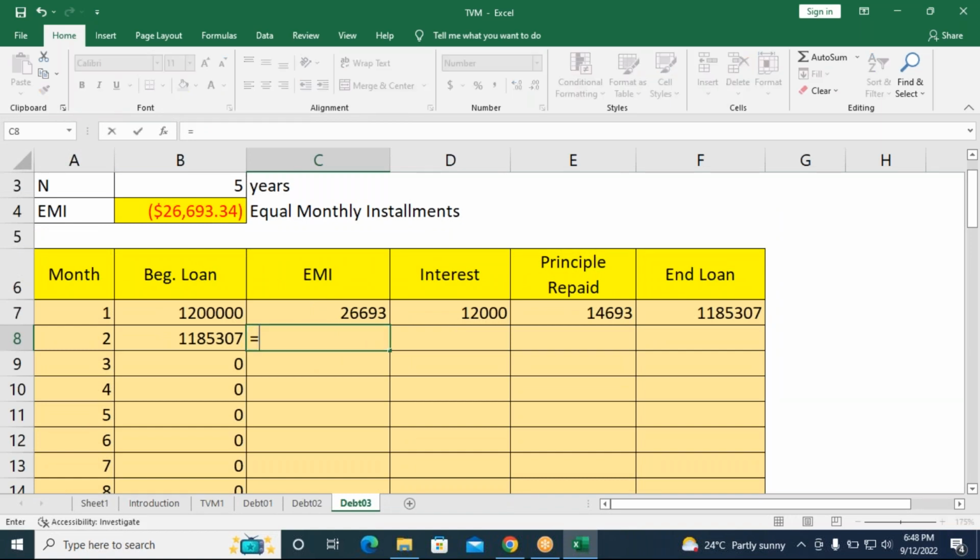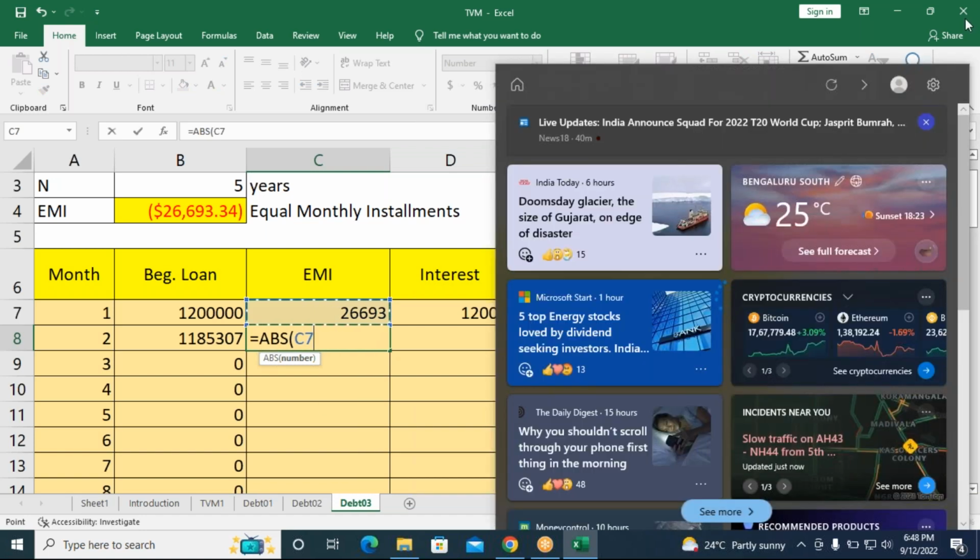So here I'll take it as is equal to, open the parenthesis and select the cell. Okay, EMI cell, I'll select it.